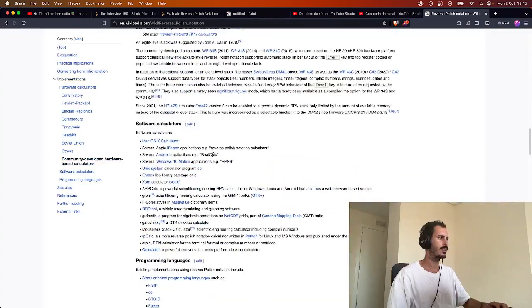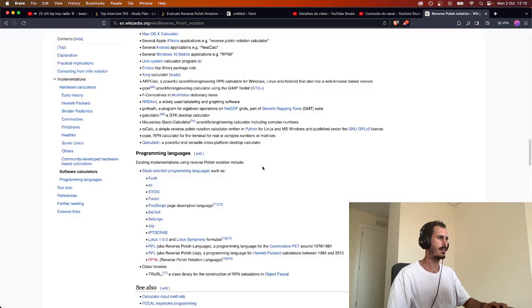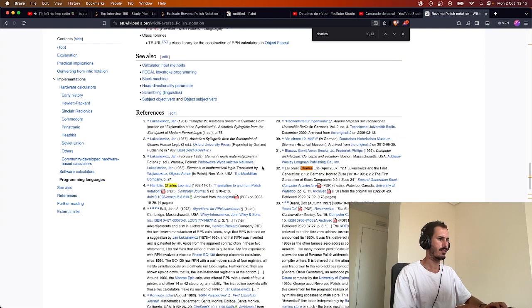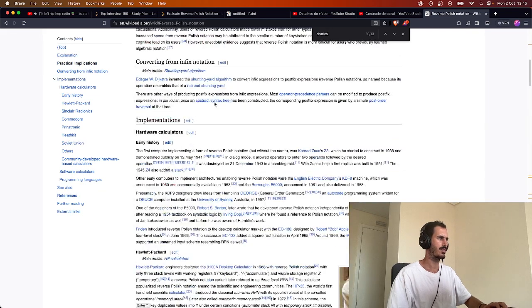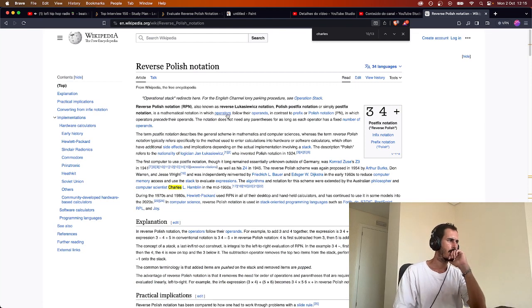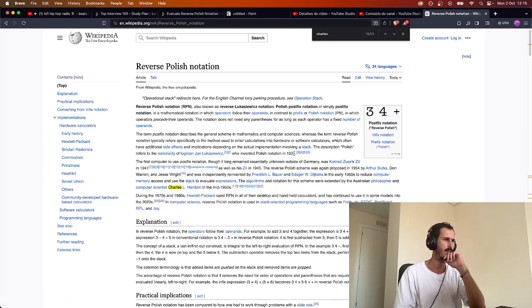Wow, who invented this? Maybe it was not Charles Hamblin. Polish refers to the nationality of the logician Jan Łukasiewicz, who invented Polish notation in 1924.